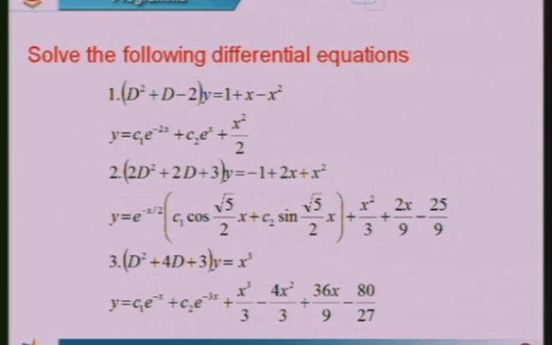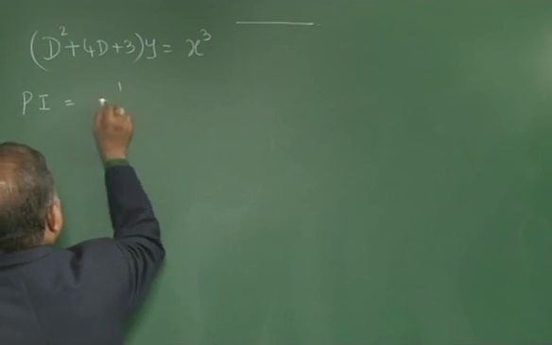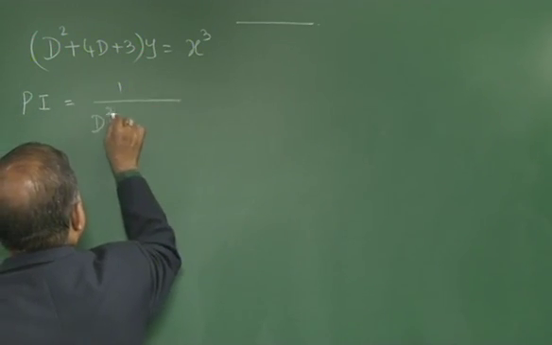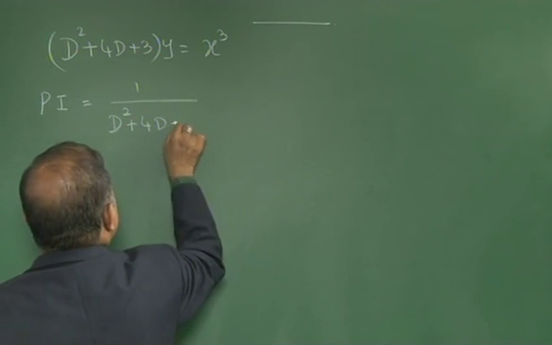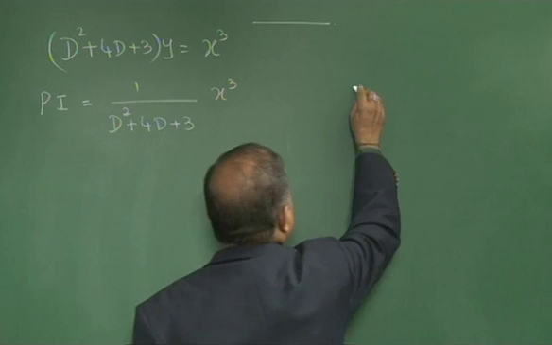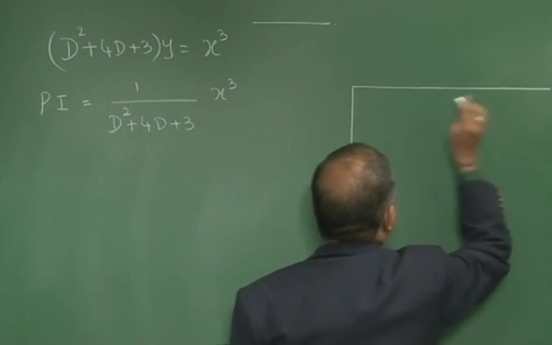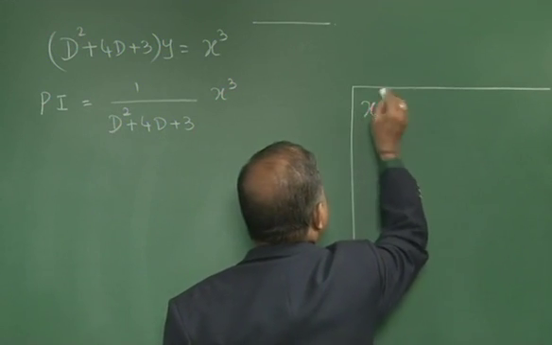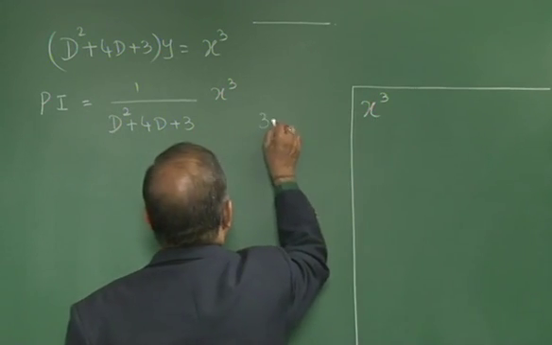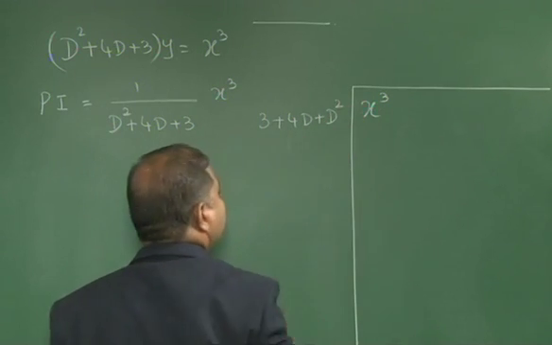So let us do the particular integral. What is our particular integral? 1 by (D square plus 4D plus 3) on x cube. Carefully do the division process: x cube, with 3 plus 4D plus D square.